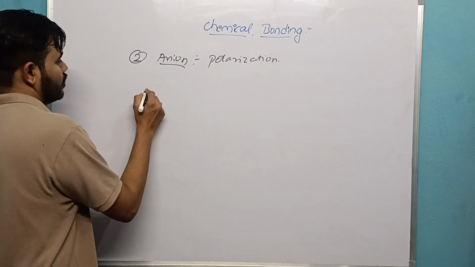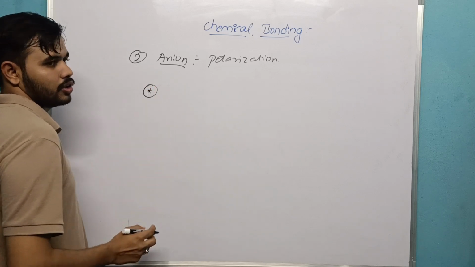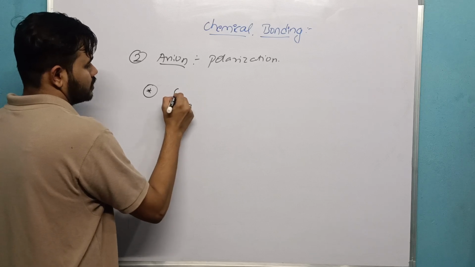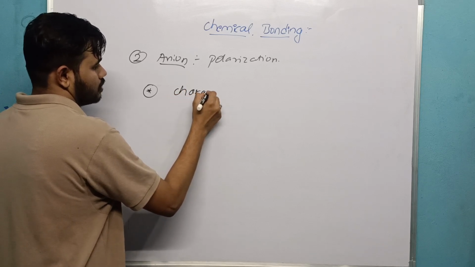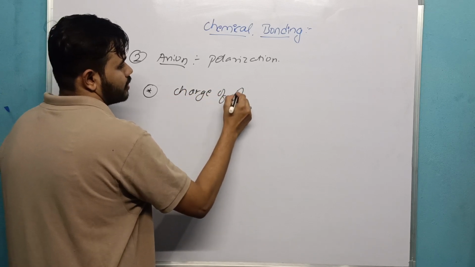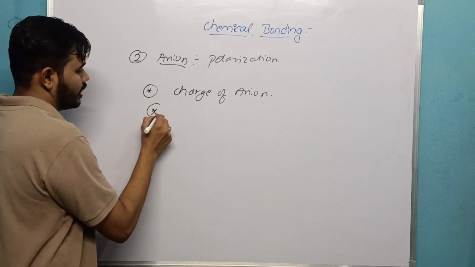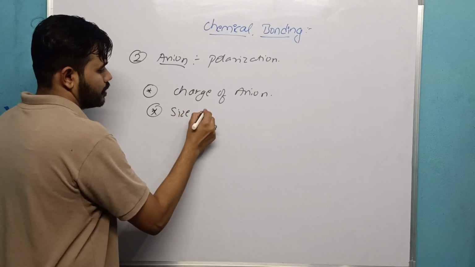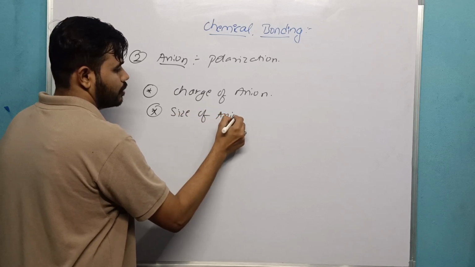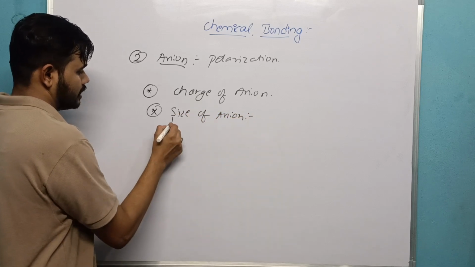Now in this we have totally 2 properties. First, charge of anion and size of anion. We have 2 totally. Let's learn one by one. First I will take size.